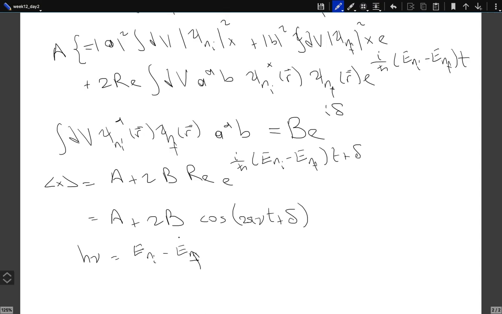You see, this is the expectation value. A and B are just some real numbers. They are constants, but we have this term. So it's oscillating, which means it's accelerating, and hence it is emitting electromagnetic radiation.